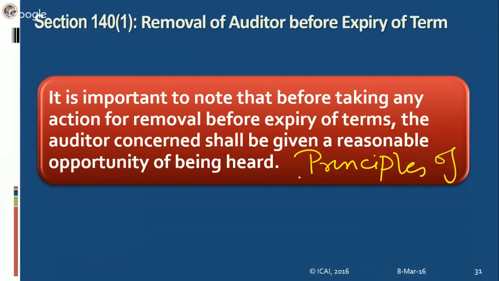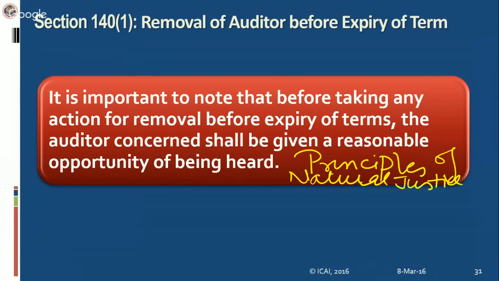Principles of natural justice require, in tax laws also, whenever you are going to impose any financial burden on any assessee, you must give him a reasonable opportunity of being heard why such financial burden should not be imposed upon him. So this is the demand of the principles of natural justice.